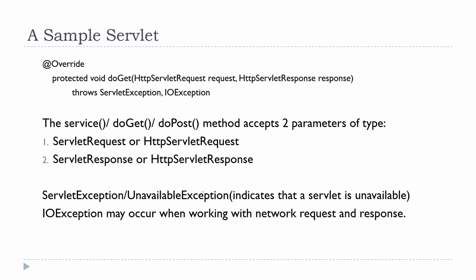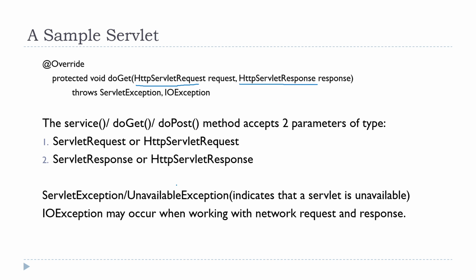In the class definition, we will be defining a service method. Because we will be using a GET request, we will be overriding the doGet method. The signature for the doGet method is protected void doGet, and the arguments are a request object and a response object. The request object is of the type HTTP servlet request, and the response object is of the type HTTP servlet response.